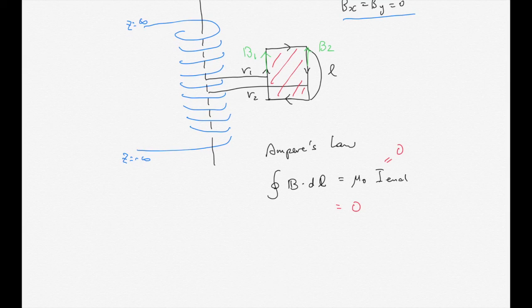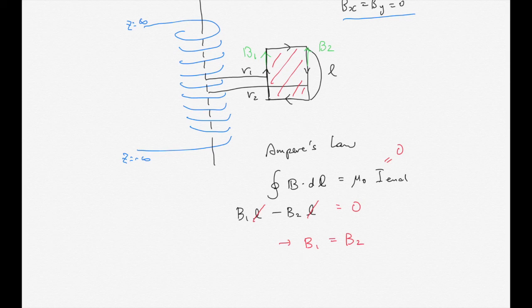On the left hand side, the direction of the integral path is exactly the same as B sub 1, so we have B sub 1 L, but B sub 2 is in the opposite direction, so minus B sub 2 L. From this equation, you can cancel the L. Then we have a really important equation: B sub 1 equals B sub 2.